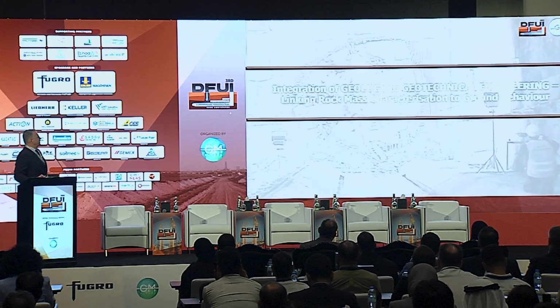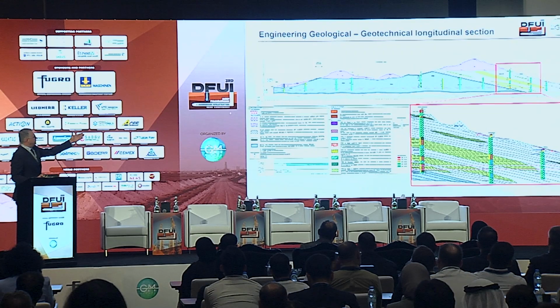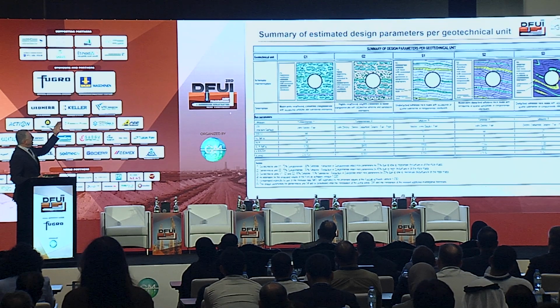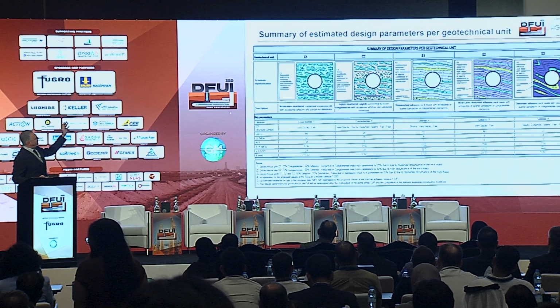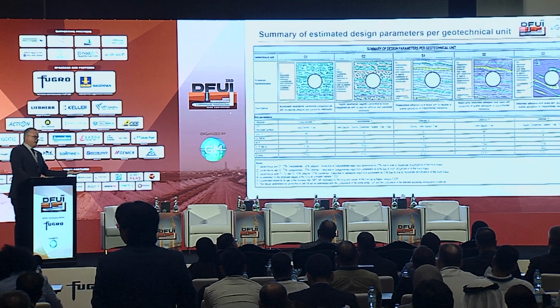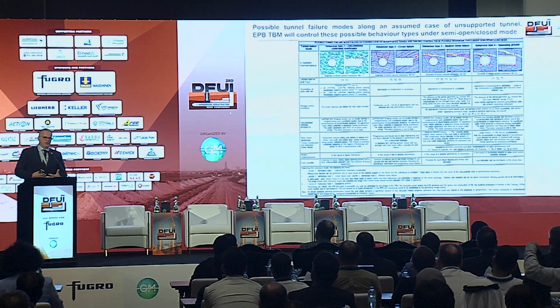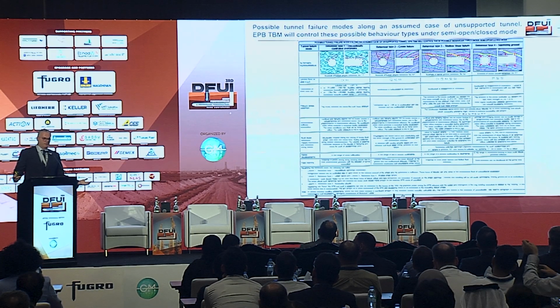So in this tunnel with the TBM, you see the material, which is heterogeneous. You have the rock mass type definition. We have all the numbers behind that. But before following any kind of analysis, you need to set behavior types 1, 2, 3, and 4, and link them with the ground type and with the given excavation method.